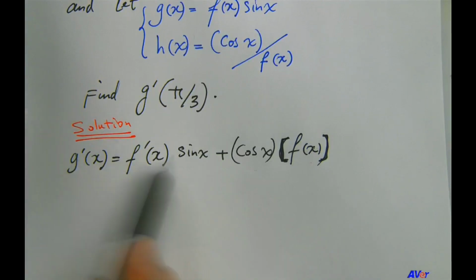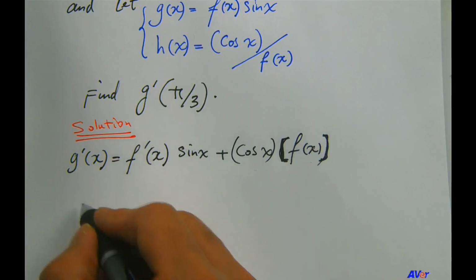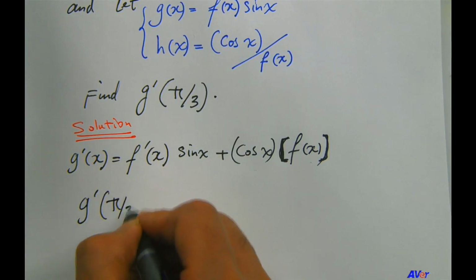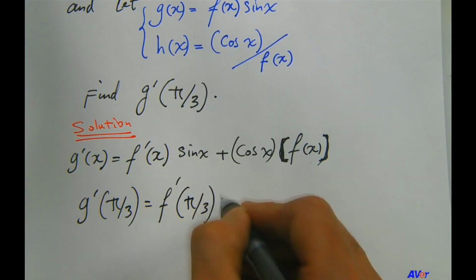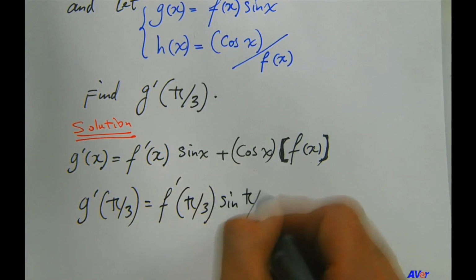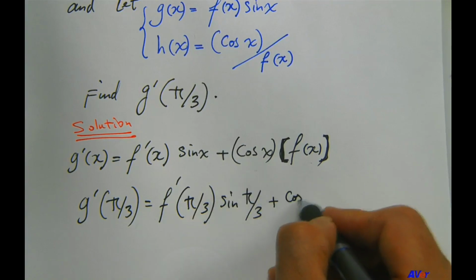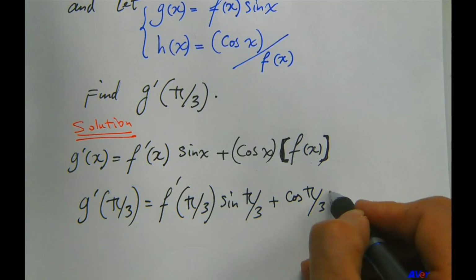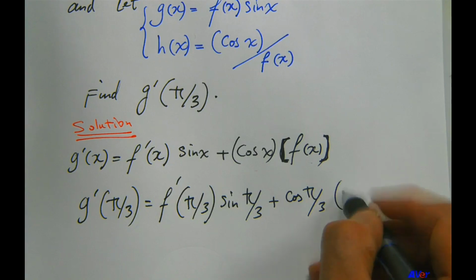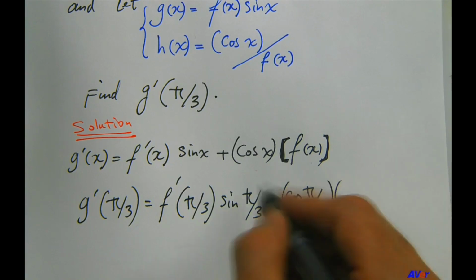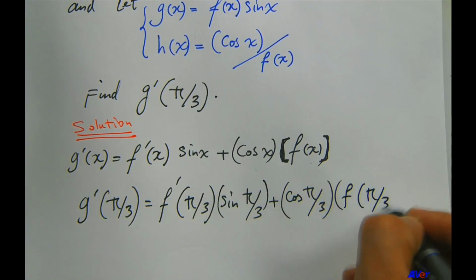So this is g prime. And we want to evaluate this expression at pi over 3. So g prime at pi over 3 is equal to f prime at pi over 3 times sine of pi over 3 plus cosine of pi over 3 times f at pi over 3.